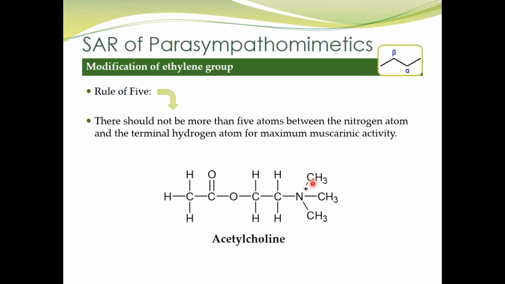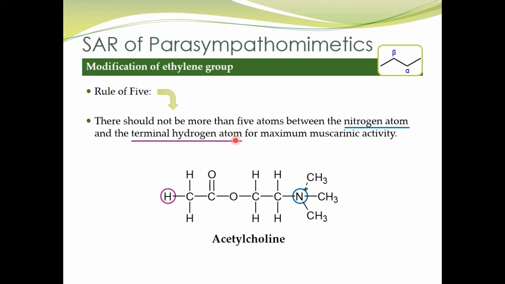Now, we understand by looking at the structure of acetylcholine. I have shown the structure of acetylcholine in expanded view. Now, what does this rule say? There should not be more than 5 atoms between the nitrogen atom and the terminal hydrogen. So, nitrogen atom means this nitrogen atom.